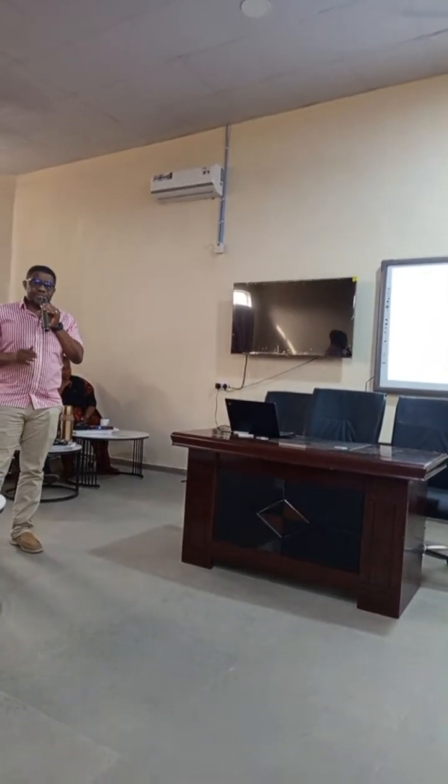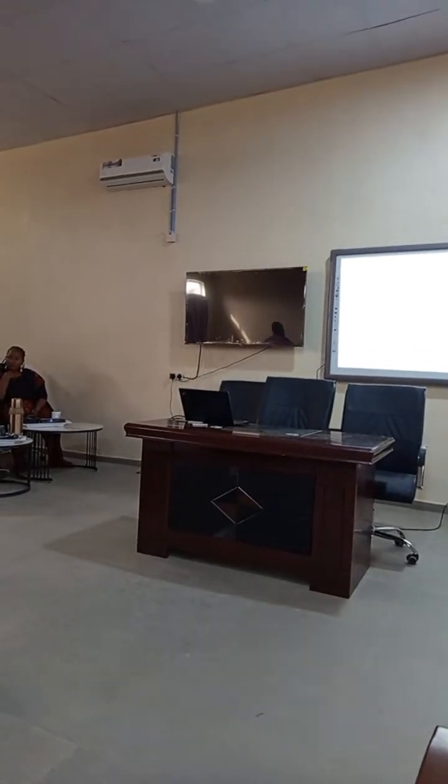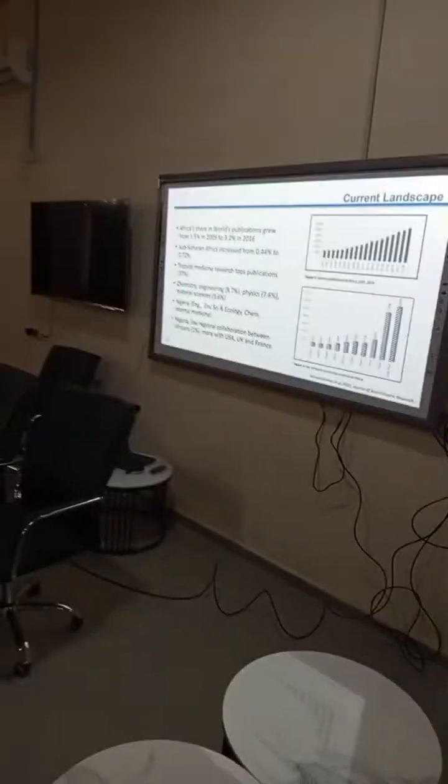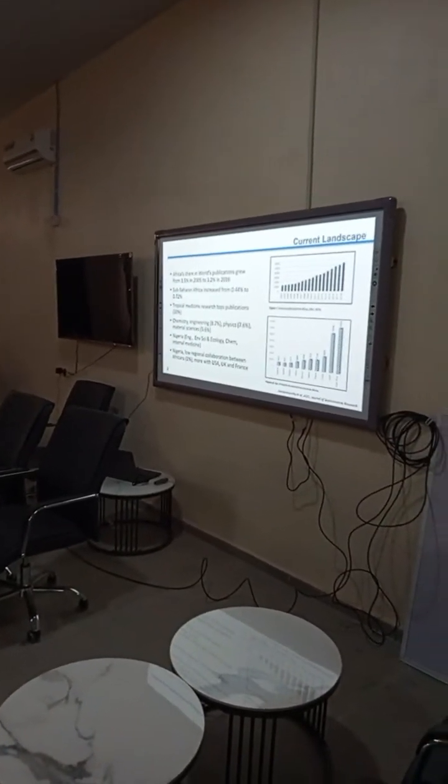Over the last 10, 15 years, the amount of publications from Africa just in the field of natural sciences doubled. In sub-Saharan Africa, there has been an increase of around 0.3%. That's quite significant because we are talking about tens of thousands of publications. It's still not significant to global output, but significant in the steps that have been taken to make this happen.